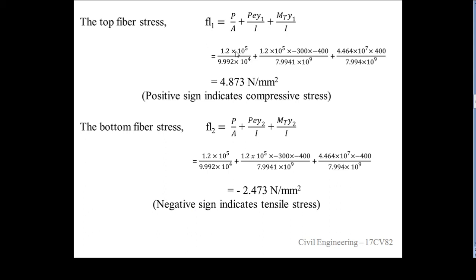This is P by A. Then A is equal to 9.992 into 10 raised to 4, plus P is equal to 1.2 into 10 raised to 5, E is equal to minus 300, Y1 is equal to 400, I is equal to 7.9941 into 10 raised to 9, plus 4.464 into 10 raised to 7 into 400 divided by 7.994 into 10 raised to 9.